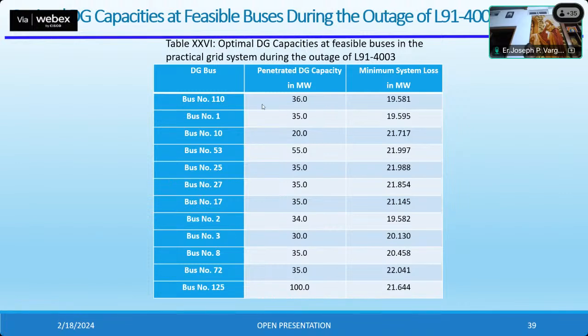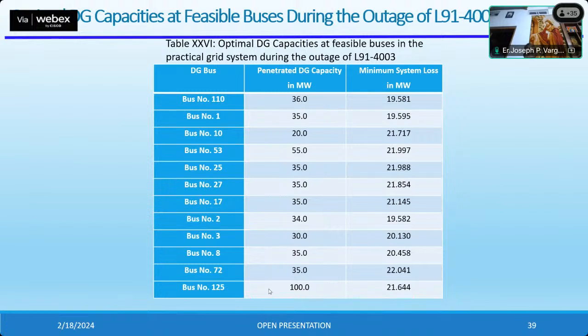From this study, it is revealed that when we penetrate 36 megawatt DG at bus number 110, the loss will be minimum. Now, you know, Cochin International Airport Limited has a 50 megawatt DG, and we have particularly studied that case also, which we have termed bus number 26.